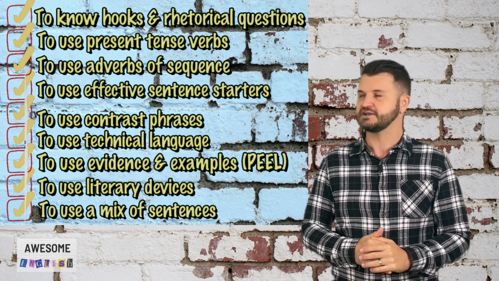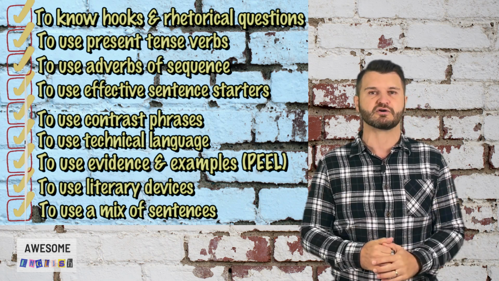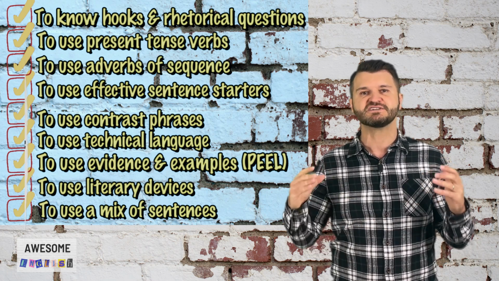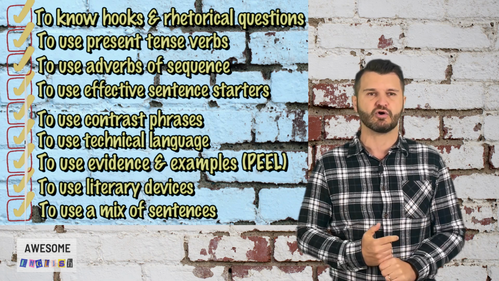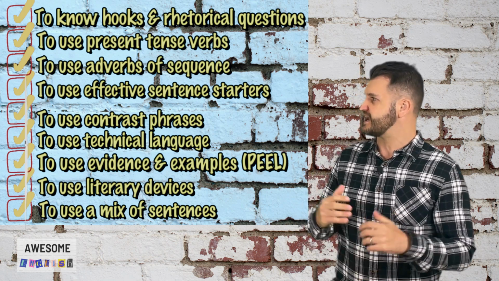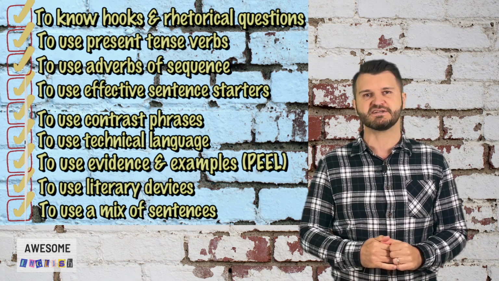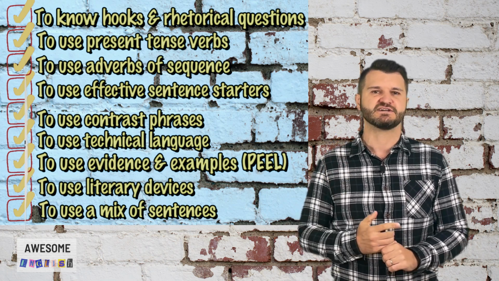Okay, the next one is using technical language. Technical language can really up-level your work. Now, you can front-load these in your planning when you're using your Scales of Justice planner. Use technical language to up-level your work. Then we have evidence and examples. So I mentioned it before, the Peel strategy is amazing. Check it out if you haven't already, but using specific evidence is key.